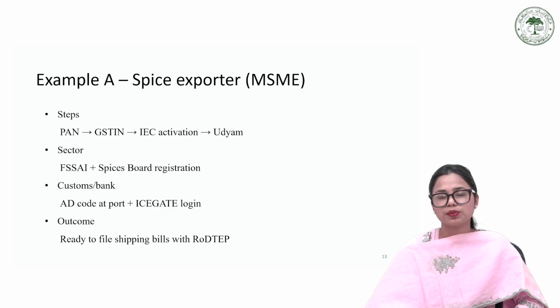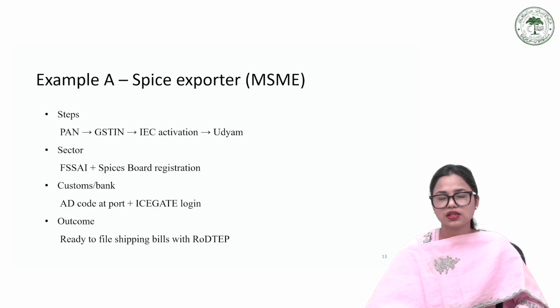At every port of shipment, the spice exporter would have to supply the authorized dealer code, and for the ICEGATE login as well. This smooth furnishing and registration of the spice exporter would result in the readiness of the exporter to file shipping bills and avail any export promotion scheme benefits.